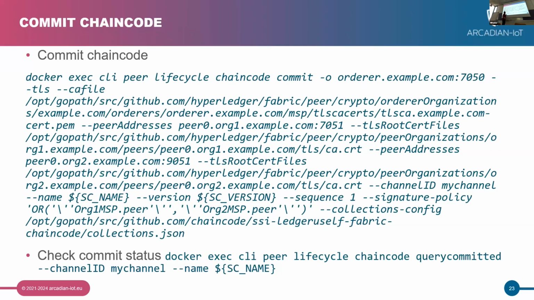This part is the files for organization 2. These ones are for organization 1. So I am going to commit the chain code on every organization in one command. And then you have to check if the chain code is committed, with query committed with the following channel and the smart contract name.